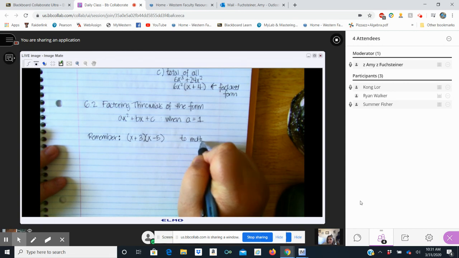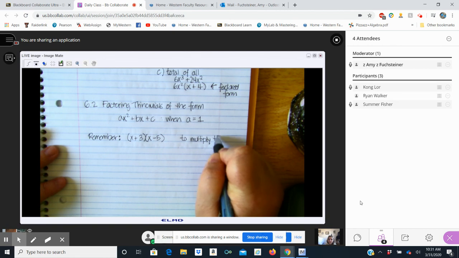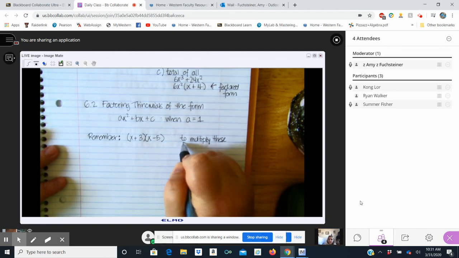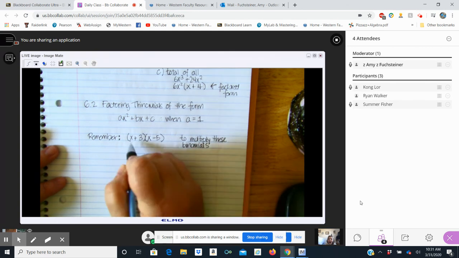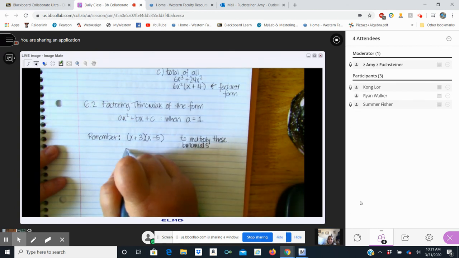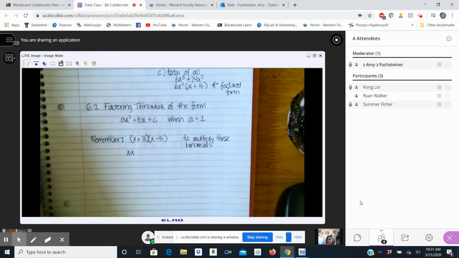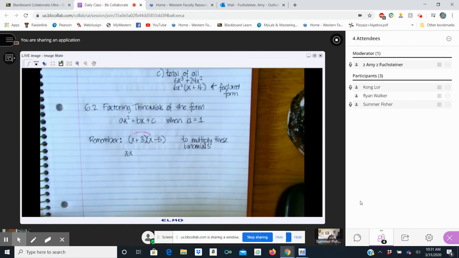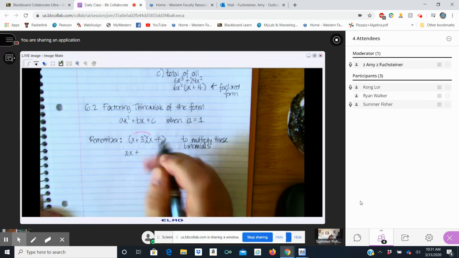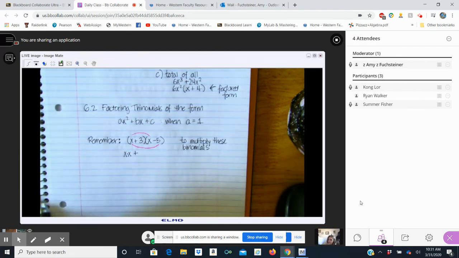To multiply this out, we did x times x and then we added to that x times negative 5.